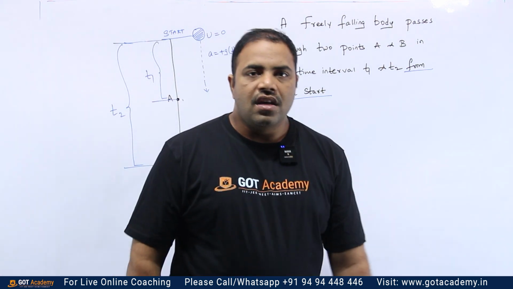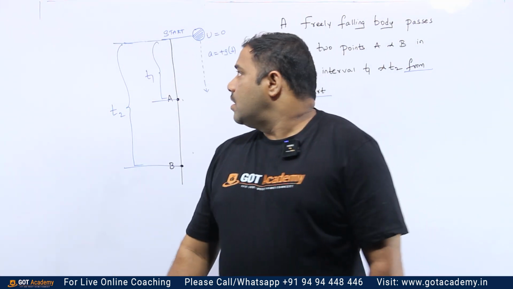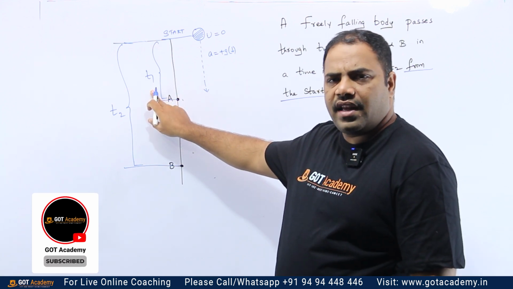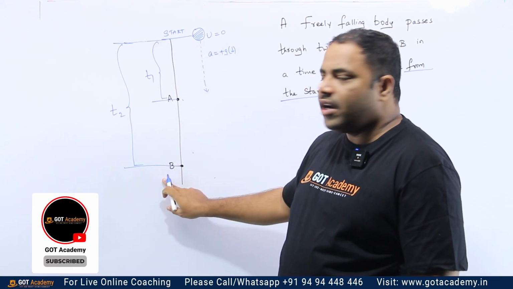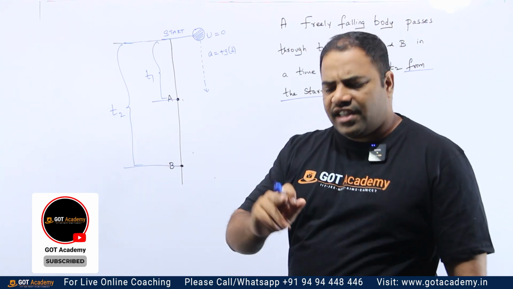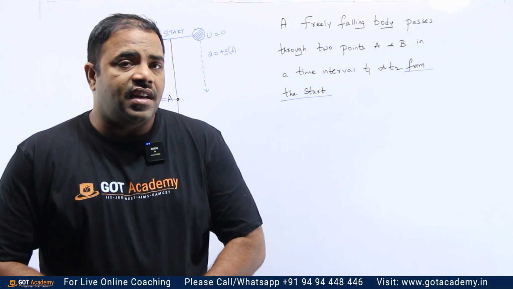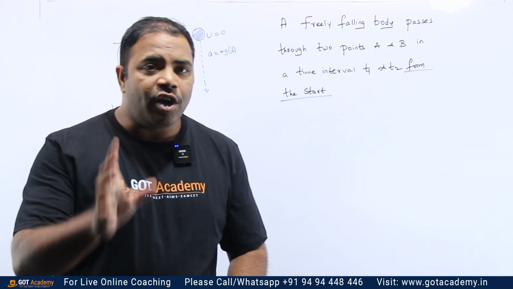Okay, my dear children. From the beginning onwards, the time taken up to point A is T1, and similarly from the beginning onwards, up to point B, the time taken is T2. Like that, I am taking 2 different time intervals. Now my question is, what is the distance travelled by the body from point A to B?